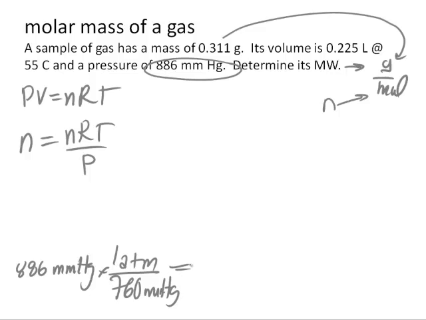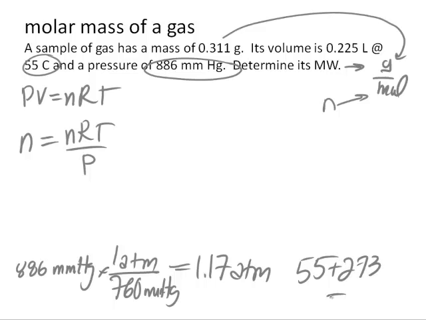That will give us an overall pressure of 1.17 atmospheres. Okay, we've got 55 degrees Celsius. We're going to have to add 273 to that, so 55 plus 273 will give us 328 Kelvin.